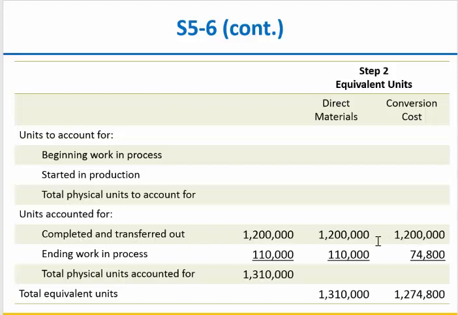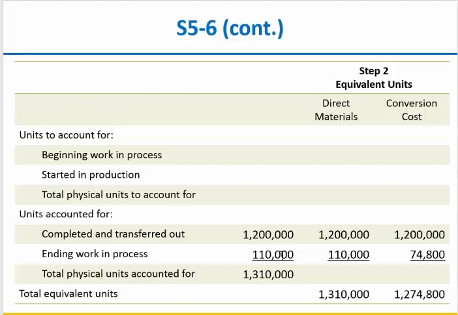So they're 100% done. However, when I come to the ending work in process, I know that physically I have 110,000 units, but I have to be careful with the two separate costs. One is the direct materials, the other is conversion cost. I have to know to what extent they have been completed. The question said that the direct materials had been added to all the 110,000 units completely.